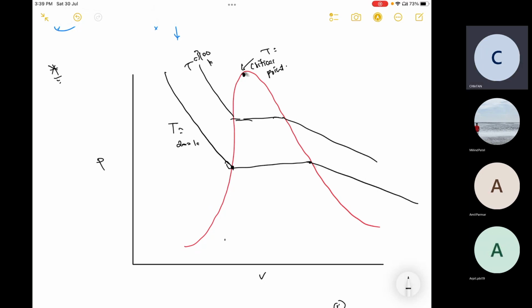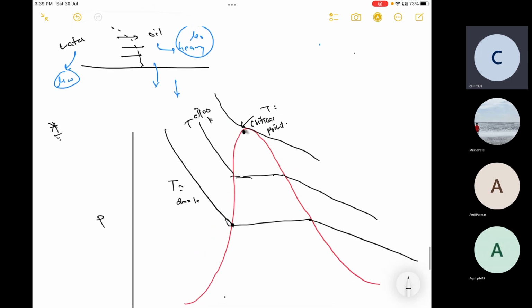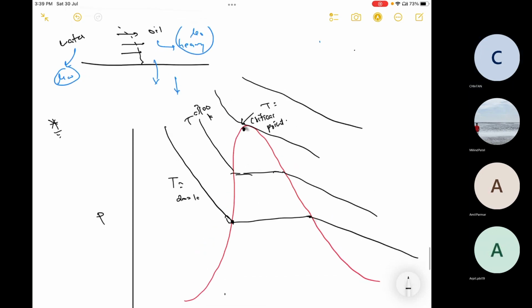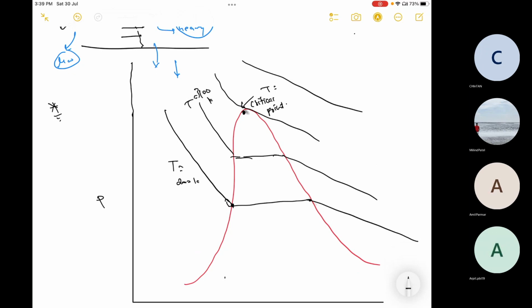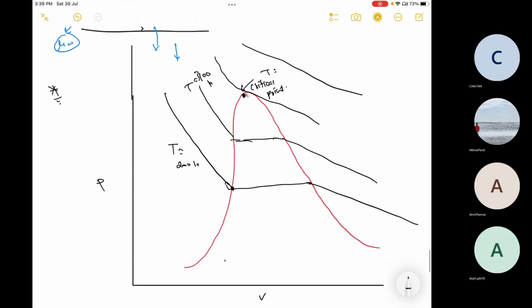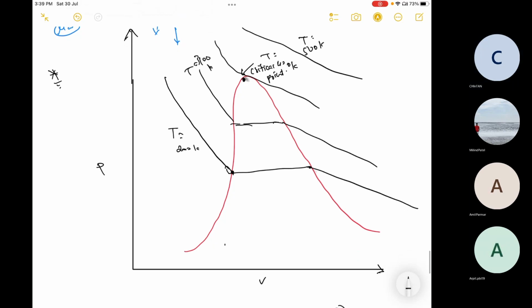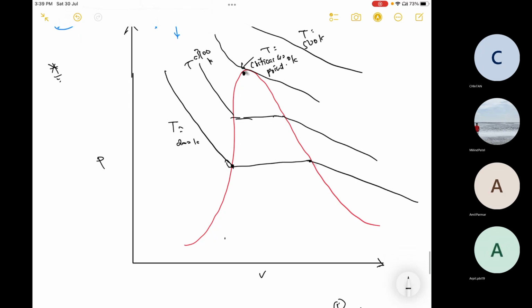The critical temperature is 400, then this may be 500 Kelvin. So this is the liquid plus vapor zone, this is the liquid zone, and this is the vapor zone.